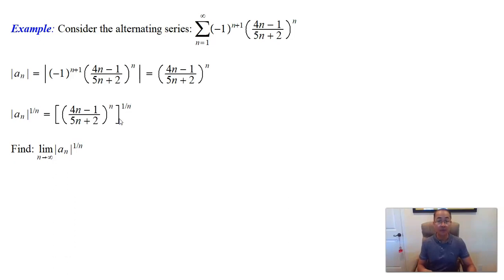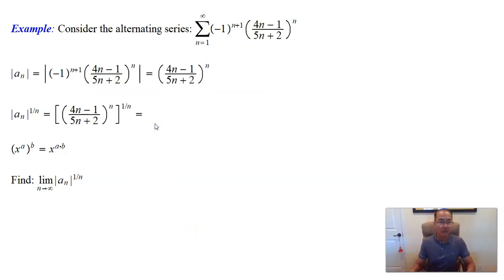Okay, so I hope you remember, because we covered it in an earlier video, the rules for exponents. If you have x to the a to the b, it's the same as x to the a times b. Do we need a refresher? X to the a raised to the b is the same as x to the power a times b. You multiply the exponents together.